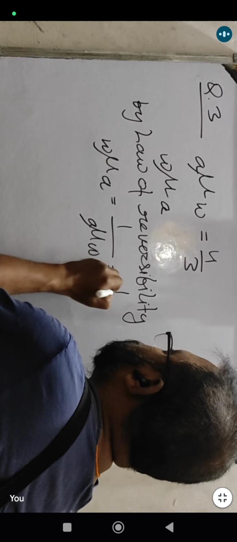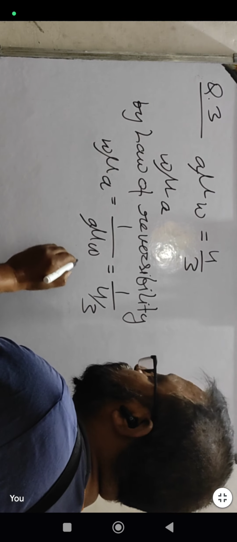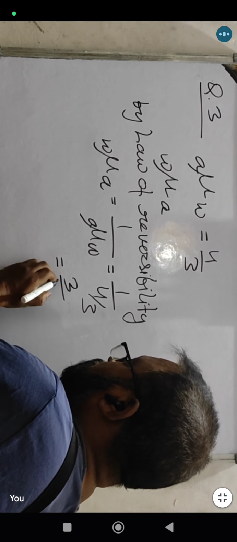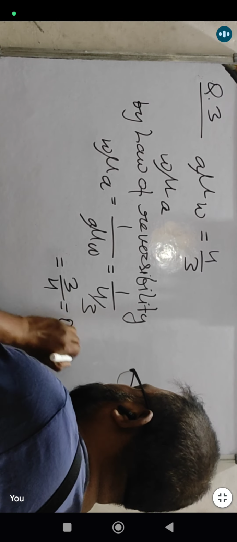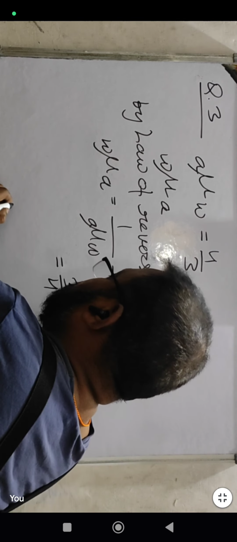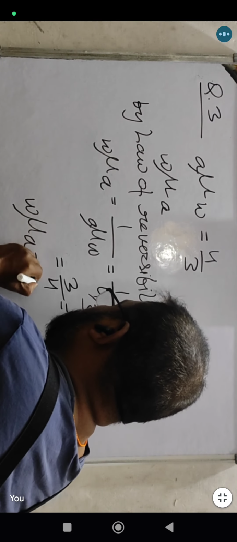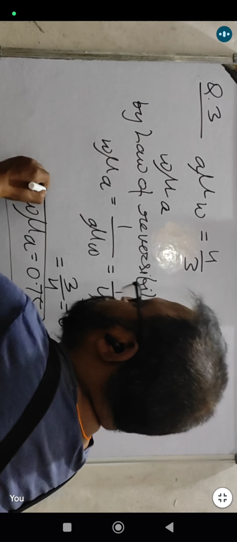So it becomes 1 upon 4 by 3, which becomes 3 by 4. When you divide it, 0.75. So the refractive index of air with reference to water is 0.75. Get it? This is the answer.